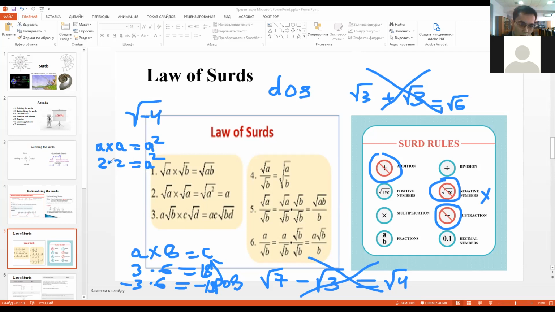But minus 2 and plus 2 are not equal, because this is a negative number, this is a positive number. So if you multiply two negative numbers with each other, you will also get a positive number. That's what I mean.